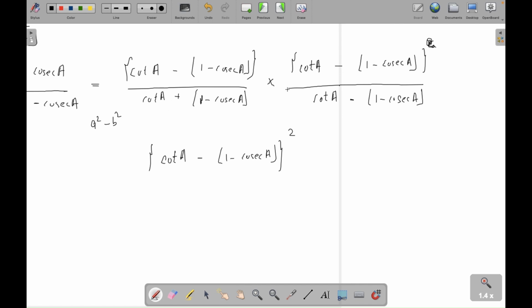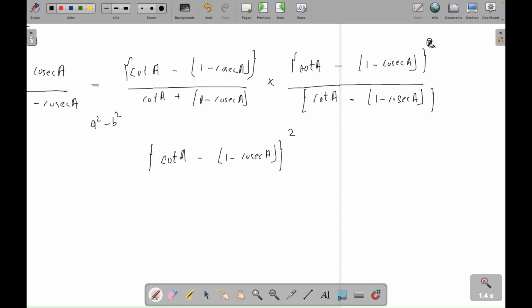So I multiply both the numerator and denominator with cot A minus 1 minus cosec A. Because if I multiply it with this, I'll get a term like cot square A minus 1 minus cosec A whole square. Right? There's no additional term. And in the numerator, I'll get cot A minus 1 minus cosec A whole square. So that is why I selected this thing, cot A minus 1 minus cosec A, to multiply both sides.